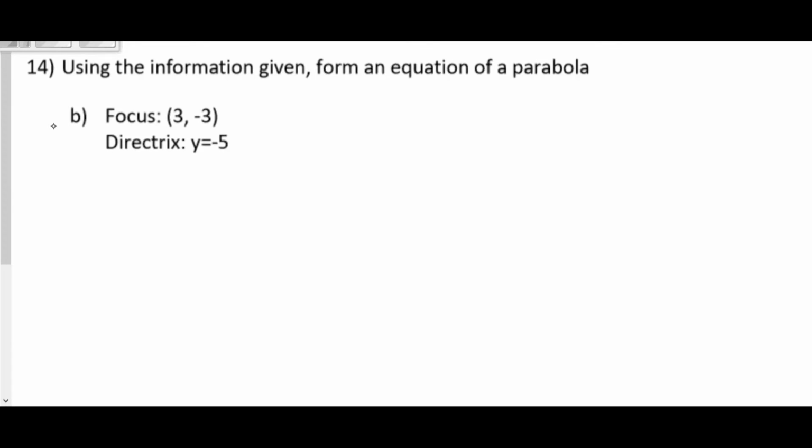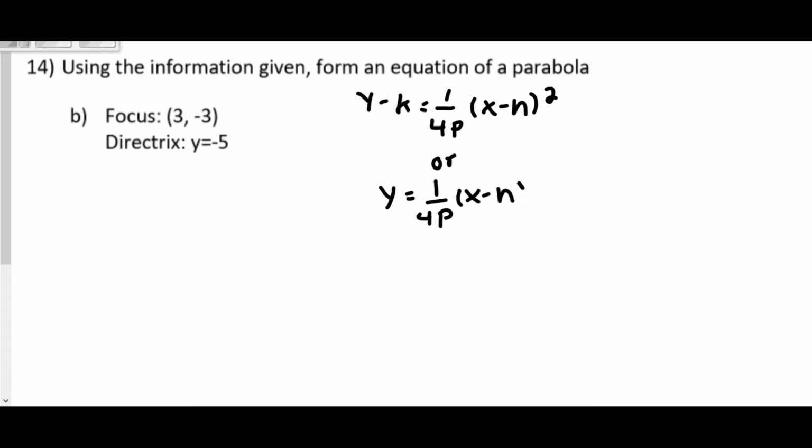Use the given information, form an equation of a parabola. So I'm just going to write down our form that we follow. y minus k equals 1 over 4p, x minus h squared, or the y equals form, which would be 1 over 4p, x minus h squared plus k.